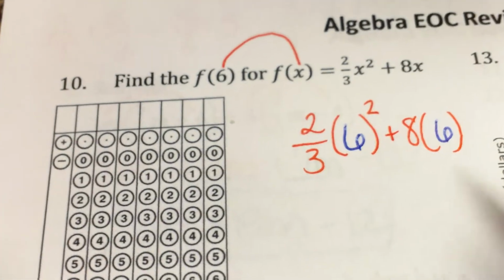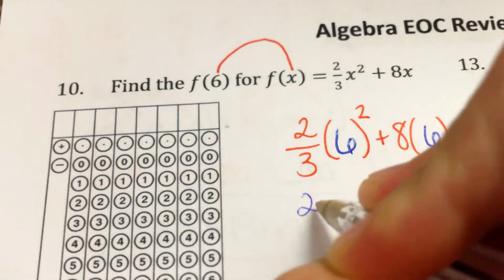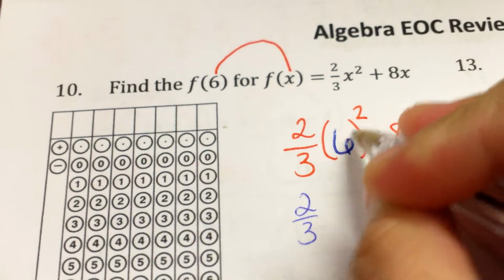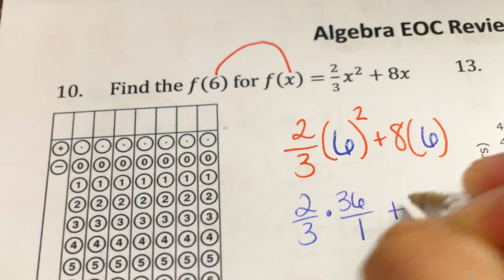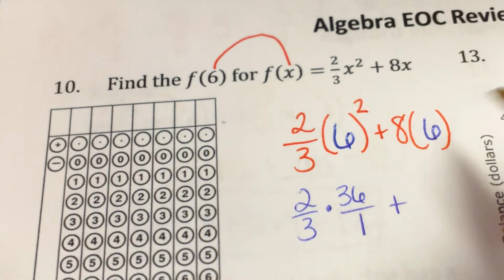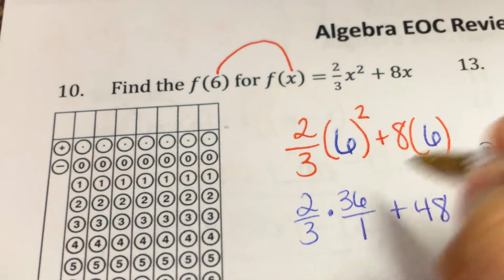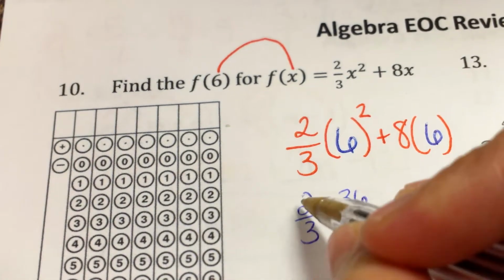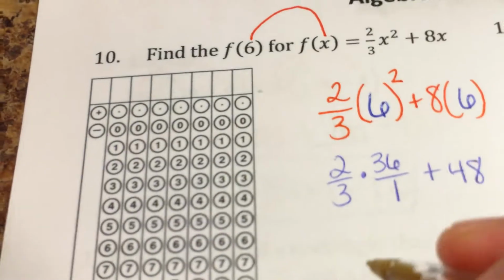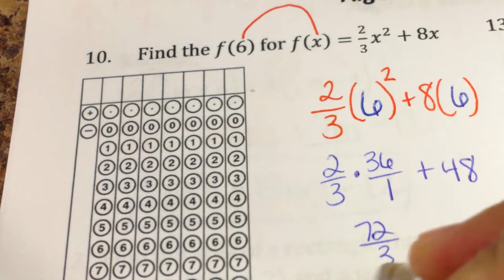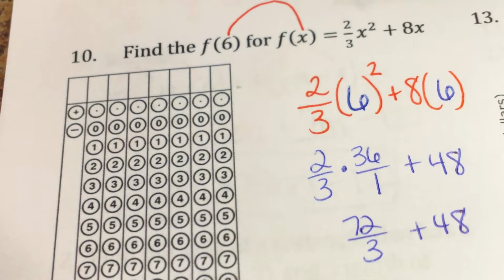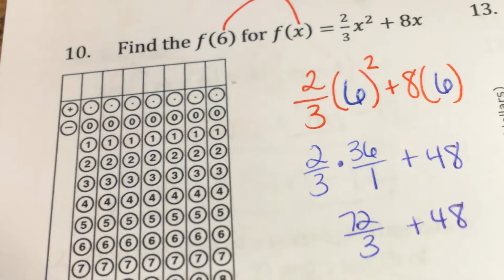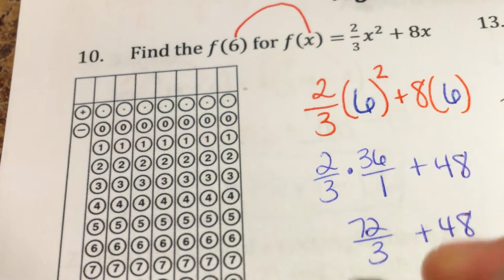You can also do this by hand. Doing 2/3 times 36, this is 36 over 1, plus 8 times 6 is 48. Then we can do 2 times 36, which is 72, divided by 3, plus 48. 72 divided by 3 is 24.